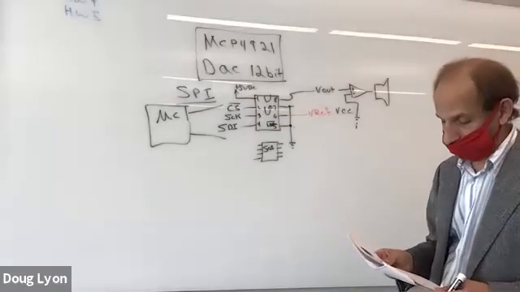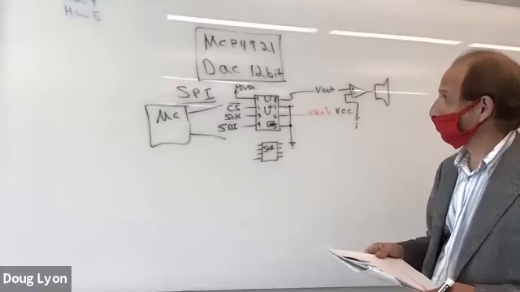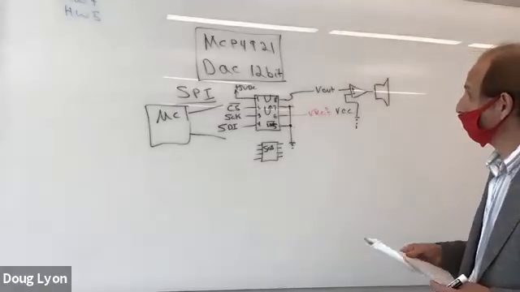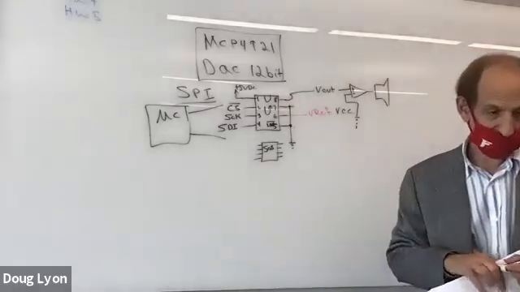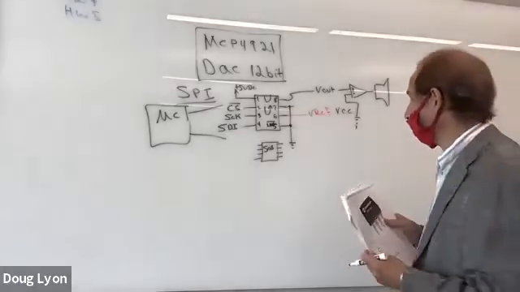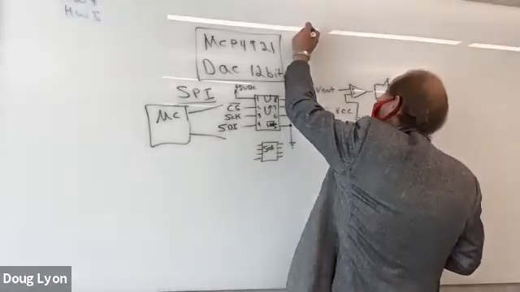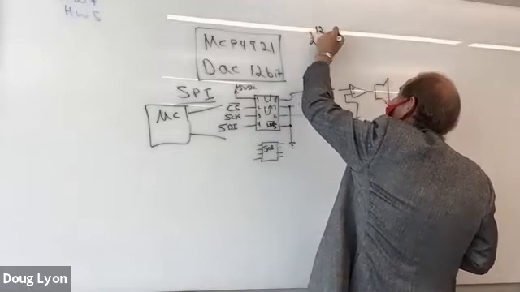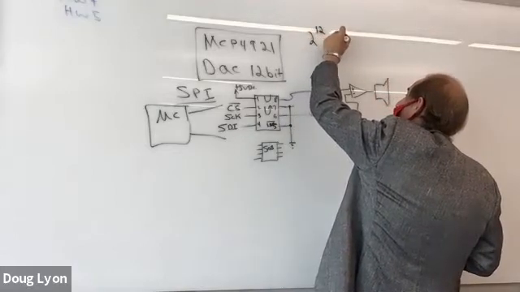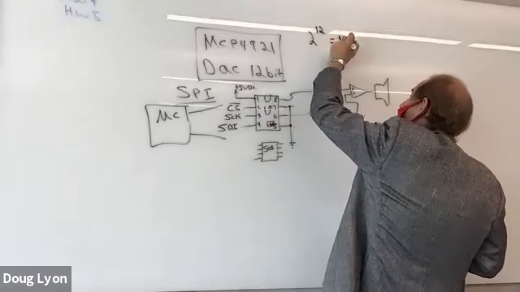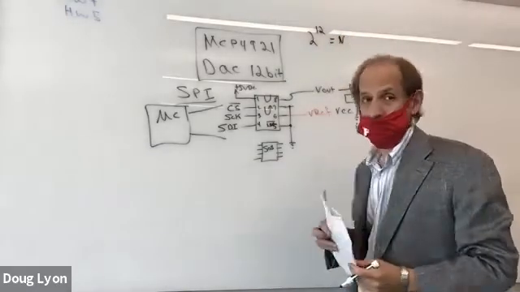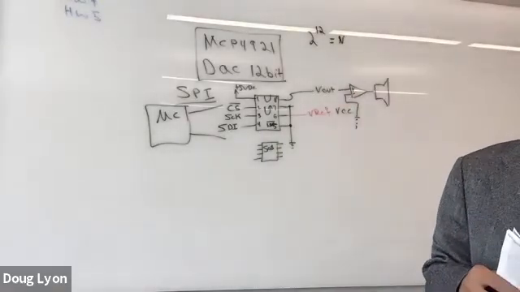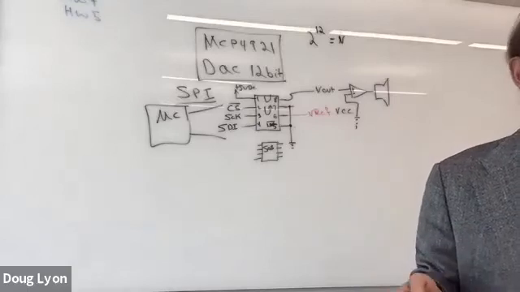So that's question 1. Question 2 asks, is this a 10-bit DAC? And the answer is no, it's 12 bits. And what does that mean in terms of dynamic range? Well, what it means is I have 2 to the 12 as the number of quantization levels. How many quantization levels is that? How much is 2 to the 10?